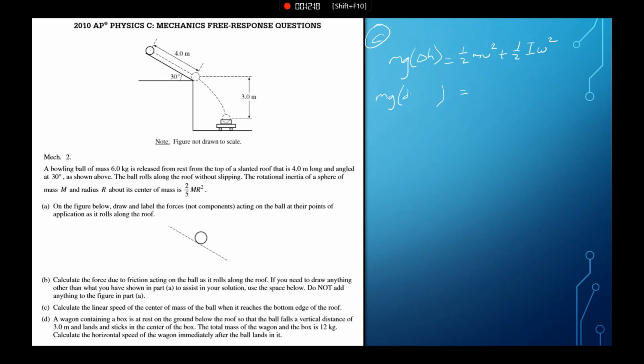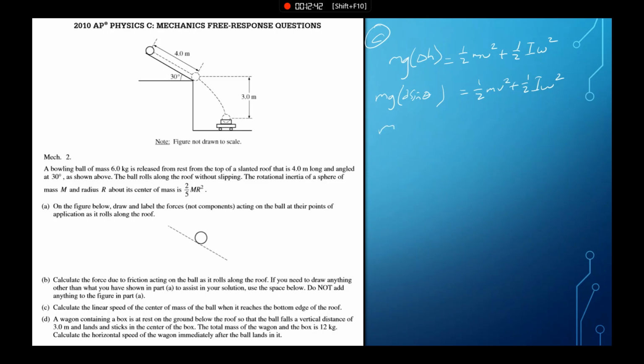So I'm going to write this as d times the sine of the angle for now, and we'll keep trying to simplify this right side. What else can we sub for? So half mv squared plus half 2 over 5 mr squared times v over r squared.